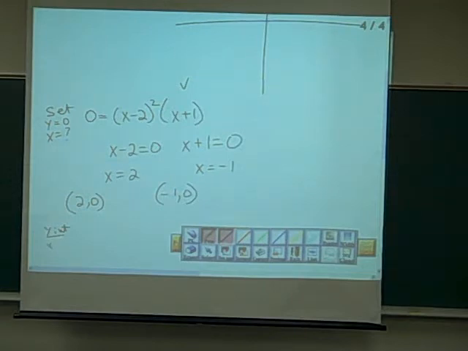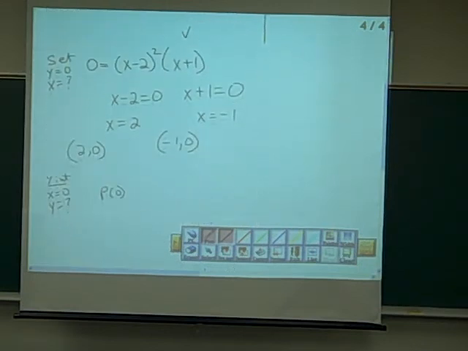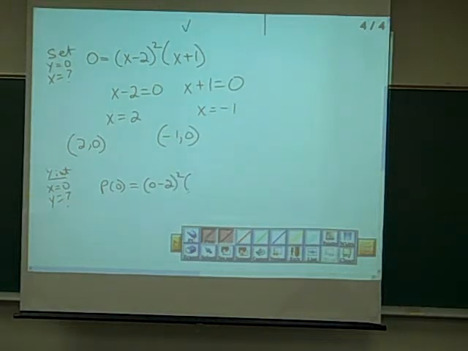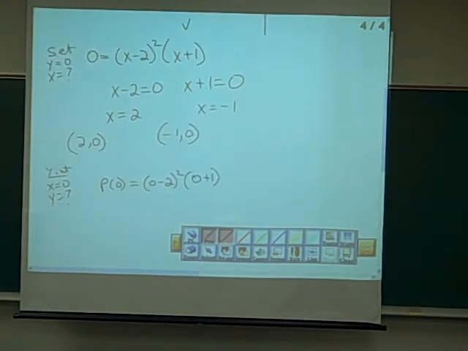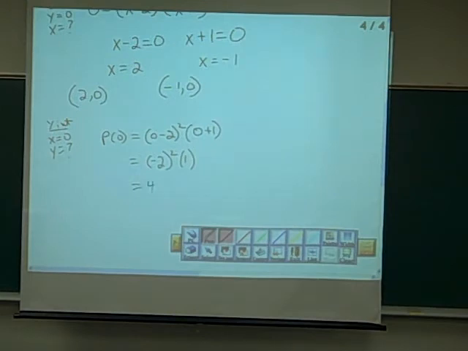Well, how about our y-intercept? Well, we're going to set x equal to 0 and solve for y. Okay, so this will be P of 0, and we're going to put in there 0 minus 2 parentheses squared, and then 0 plus 1, and so we get -2 parentheses squared times 1, and so we get 4.